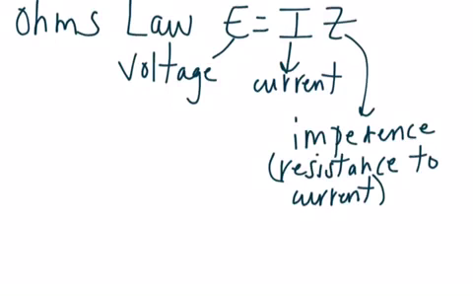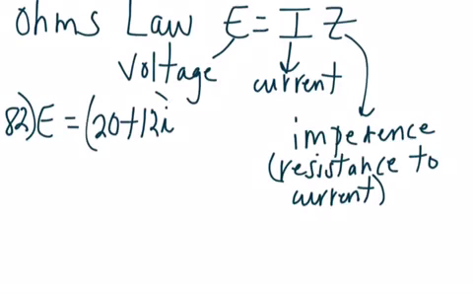And although the problems on this section look very scary, they're really not too bad. Because number 82, they give you the current, which is I, of 20 plus 12I. And they give you the impedance of 10 minus 5I. So all you're doing is multiplying complex numbers at this point.